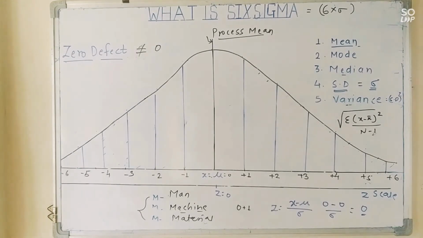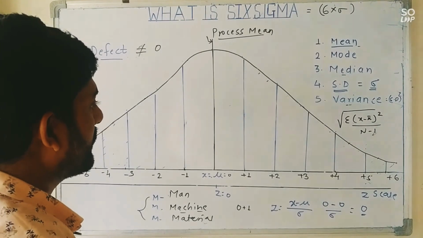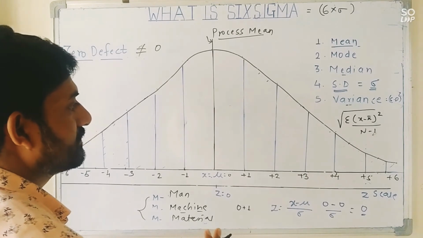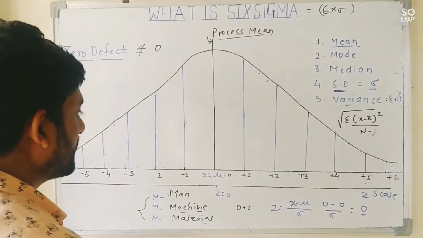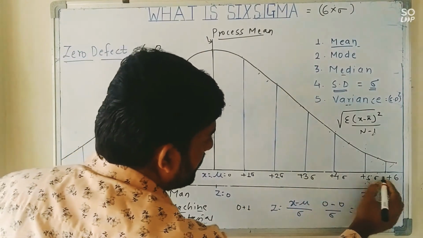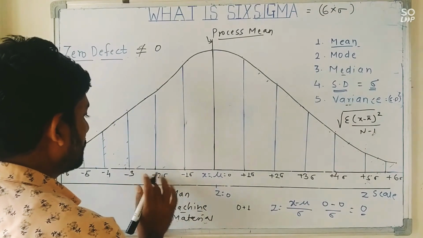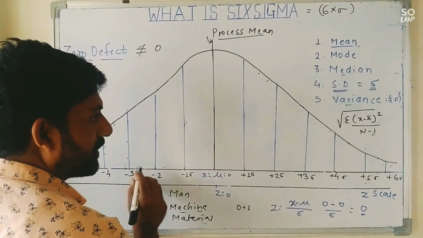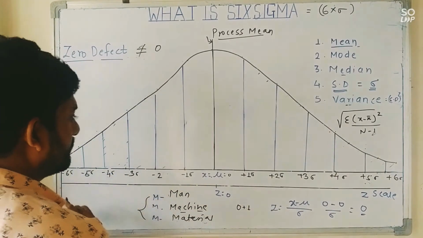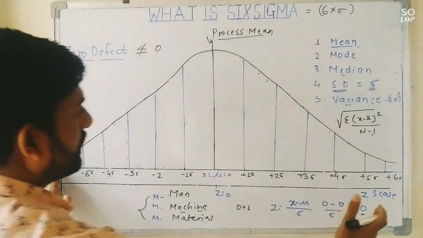Now the question is, what does this graph actually tell us? If we are talking about the 6 standard deviation, that is called 6 sigma. This is 1 sigma, 2 sigma, 3 sigma, 4 sigma, 5 sigma, 6 sigma, plus minus.